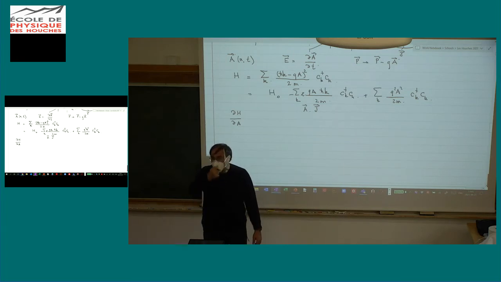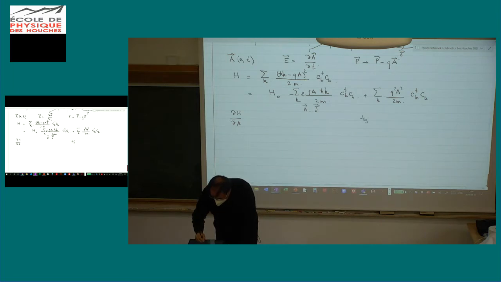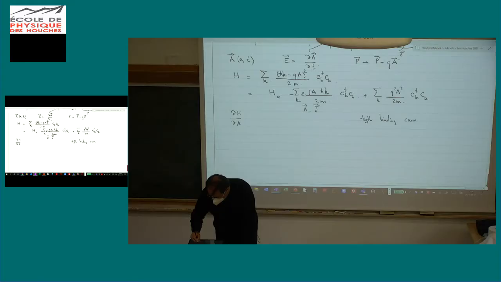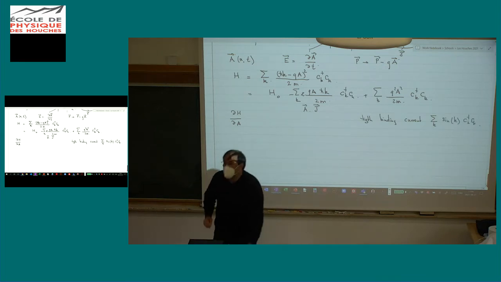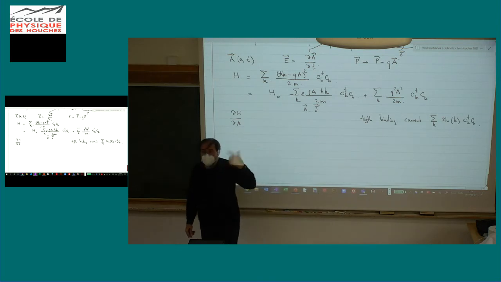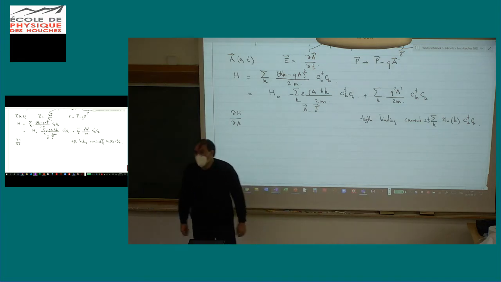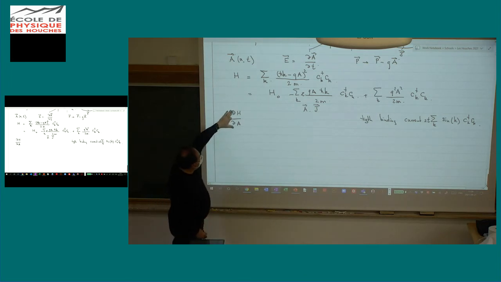Well, you change K into K minus QA over h bar, and then you differentiate once, and on the tight binding the current is the sum over K of sine of K times C dagger K, CK, which is the differential of the cosine, so there is a minus 2t here, so there is a 2t times this. What I'm saying is that this formula is quite generic.